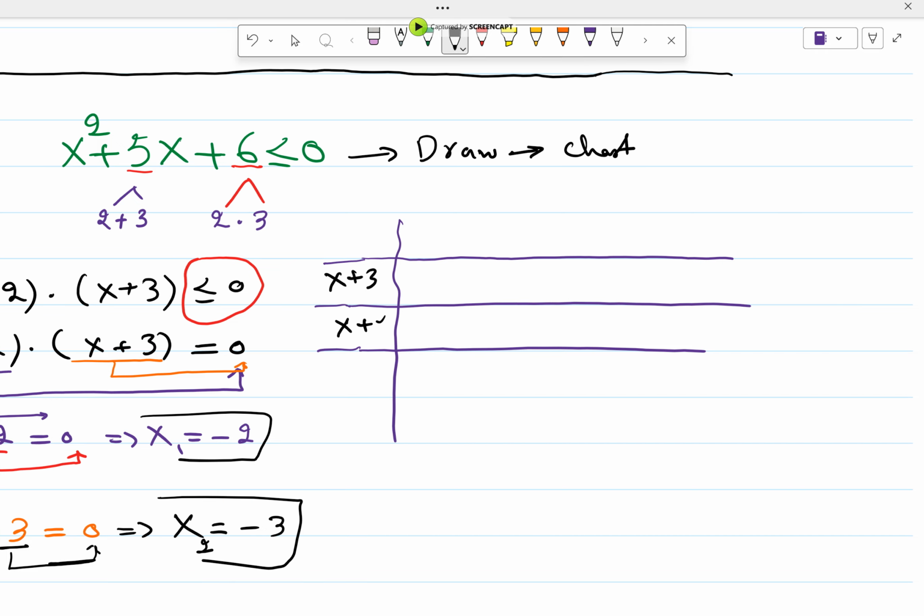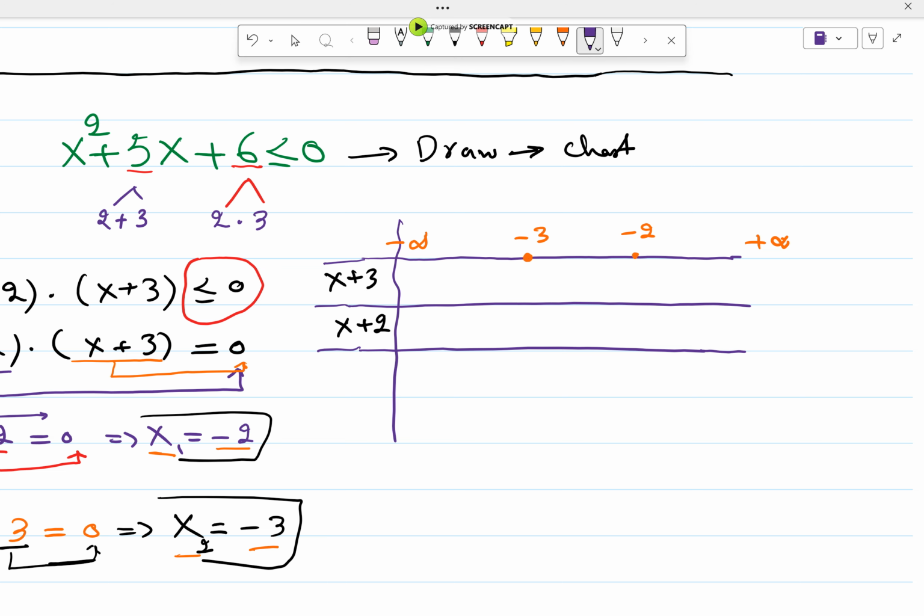Here we put x1 and x2, two points. Let me draw this. The zero point of x plus 3 is here, minus 3. The zero point of x plus 2 is here, minus 2. Here is minus infinity, and here is plus infinity.